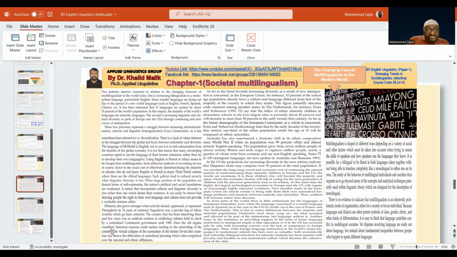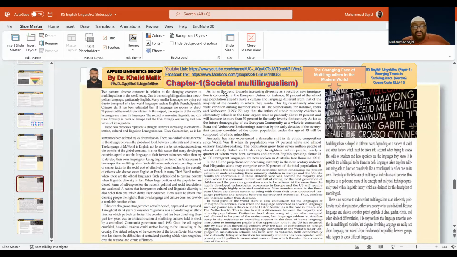Once the old regime crumbled, historical tensions could surface, leading to the unraveling of the country. The virtual collapse of the economies of the former Soviet bloc countries has shown the difficulties of centralized planning, which rides roughshod over regional and ethnic affiliation.